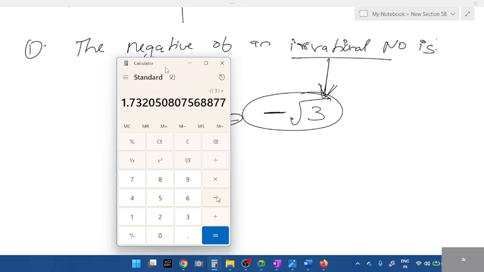If I multiply by minus, you will still get a minus value.